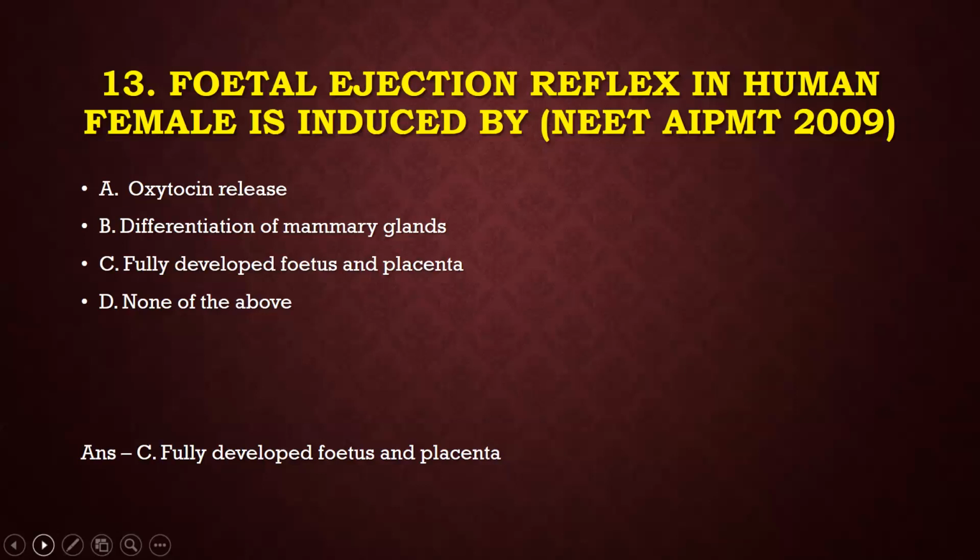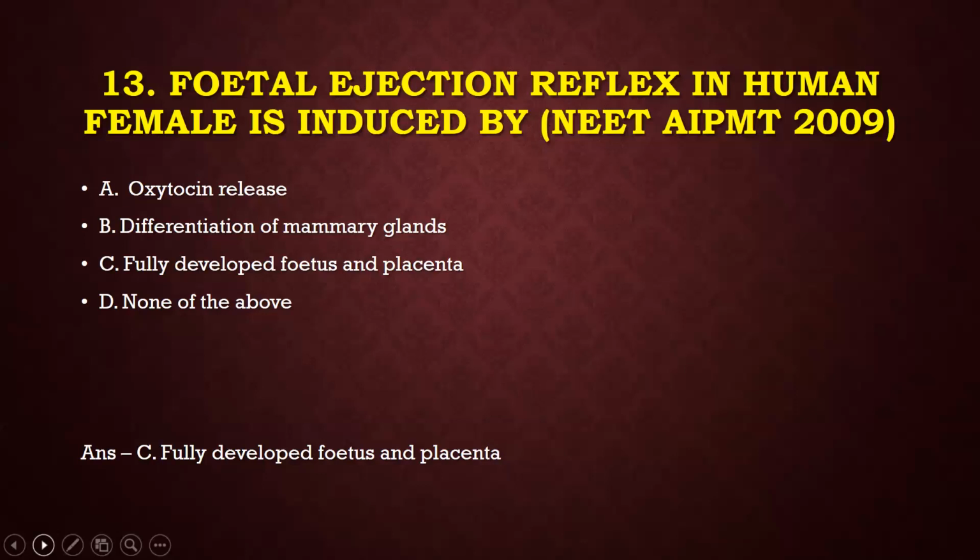You know, there are three walls there: perimetrium, myometrium, endometrium. The uterus wall contraction takes place, which we call labor pain. Yes, the mild uterine contractions take place, and hence these are nothing but the fetal ejection reflex, where the fetus is fully grown to come out of the body of the mother.